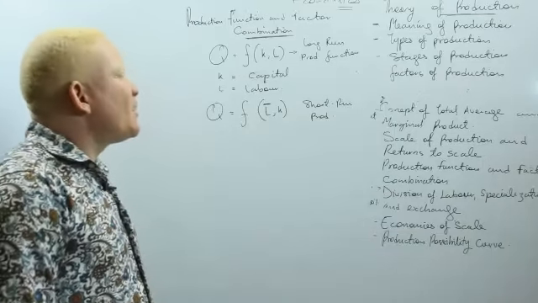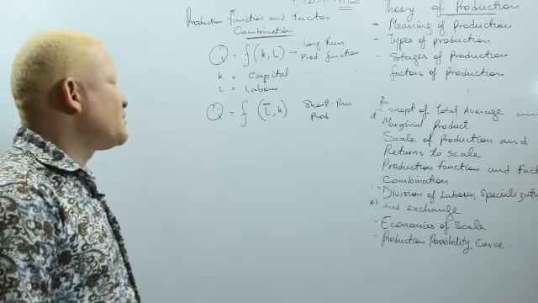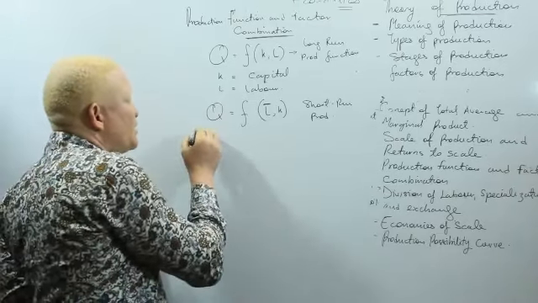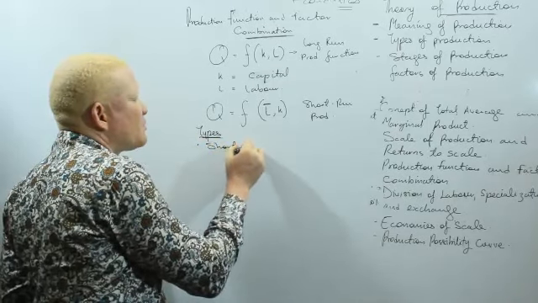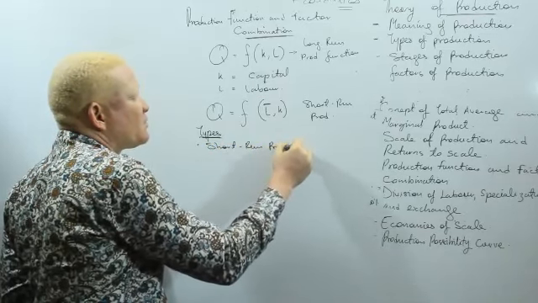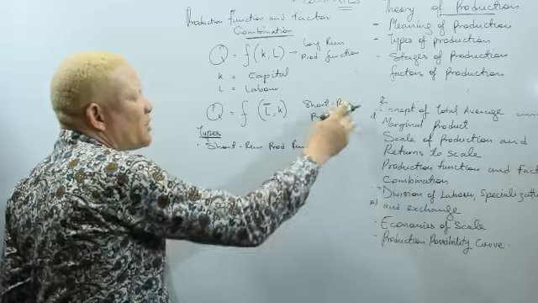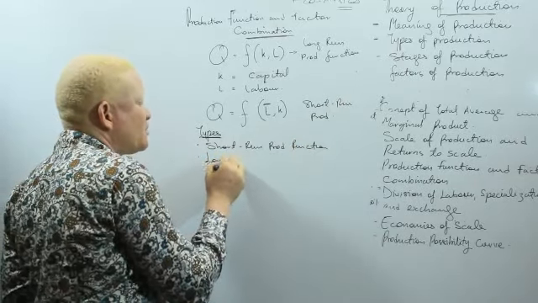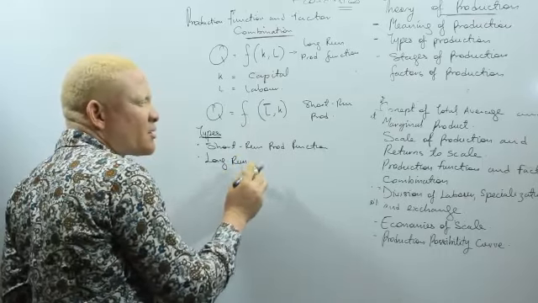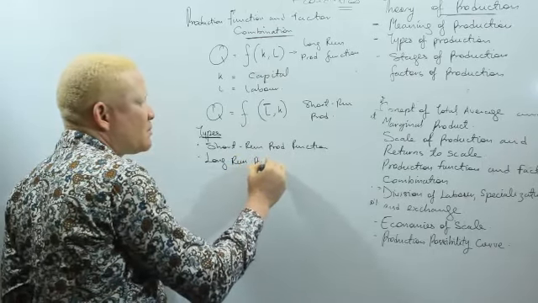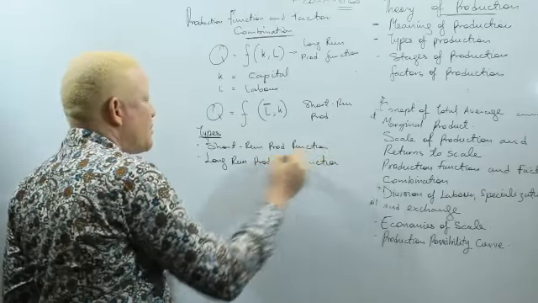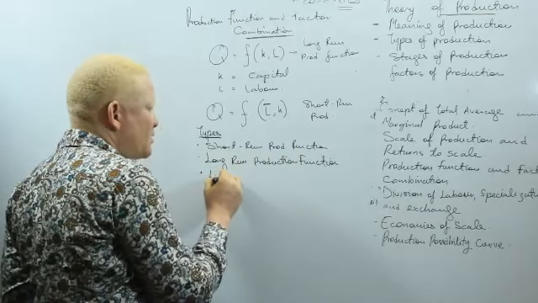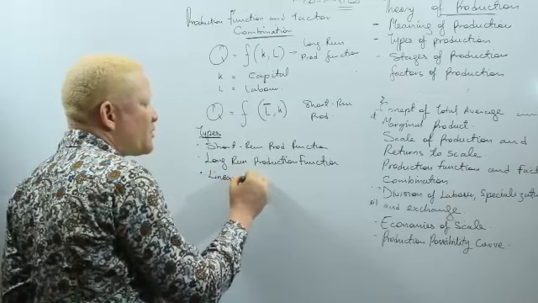Now, we could have different types of production function. We have the short run production function, which is what we have here. We have the long run production function. There's the linear production function.